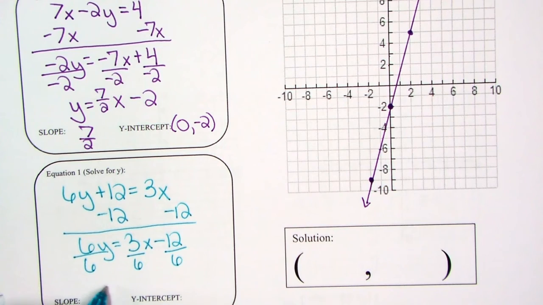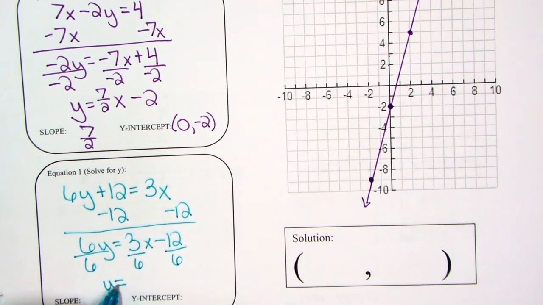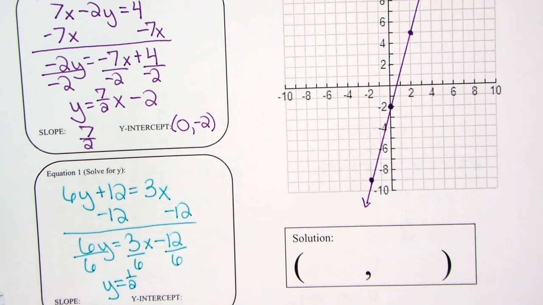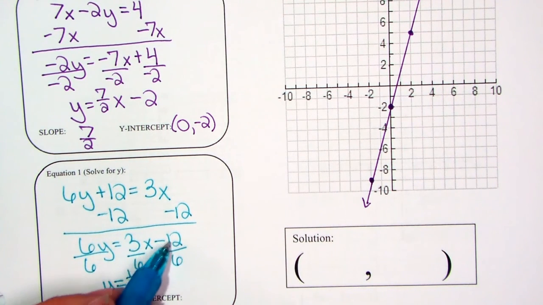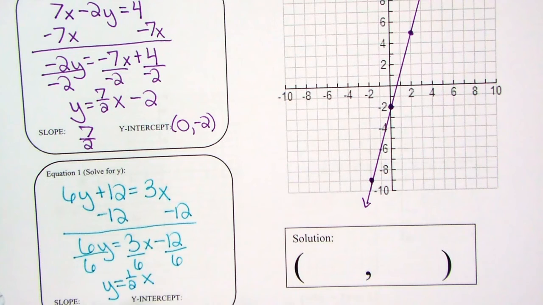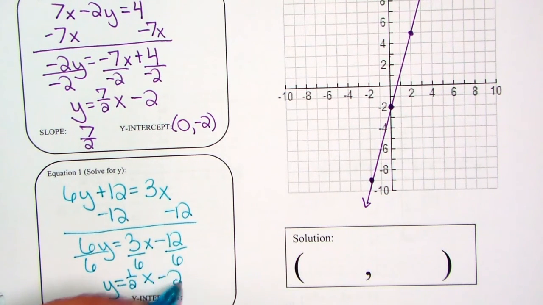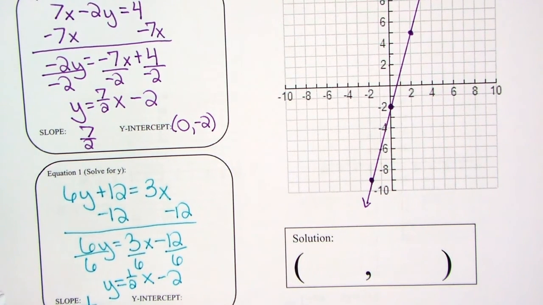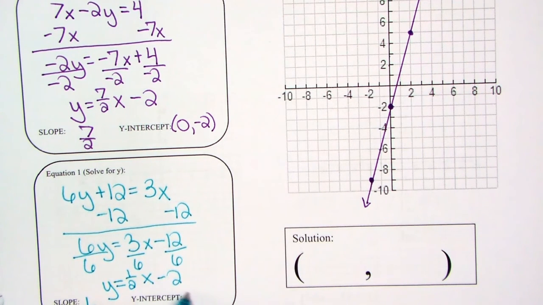We have y equals 3 over 6 is 1/2 x, and negative 12 over positive 6 is negative 2. So my slope is 1/2, and my y-intercept is 0, negative 2.